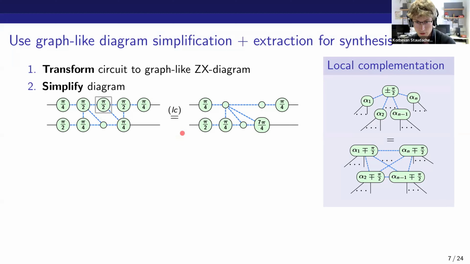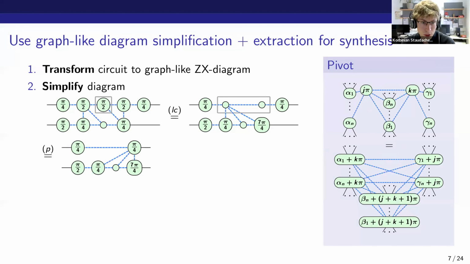They get connected if they were not connected before, and vice versa. And similarly, we can use pivoting to get rid of pairs where two spiders have either a phase of 0 or pi. And then the edges between the neighbors also flip in some certain way.